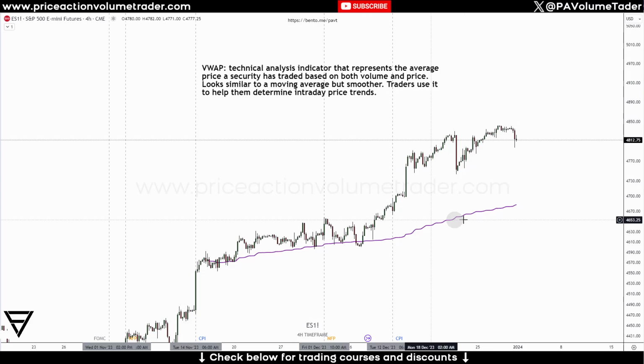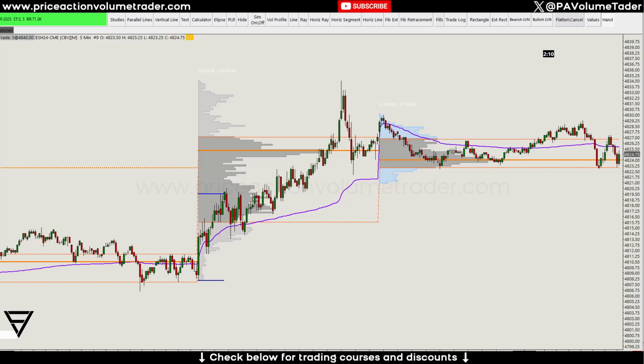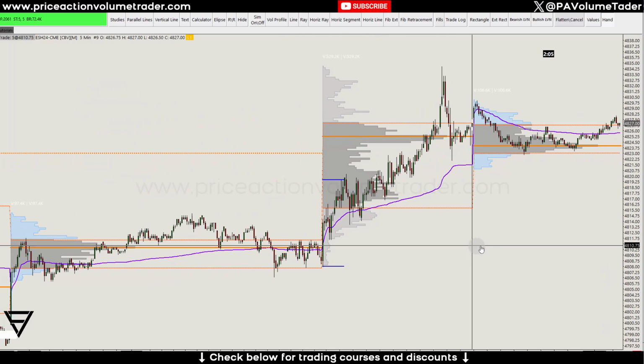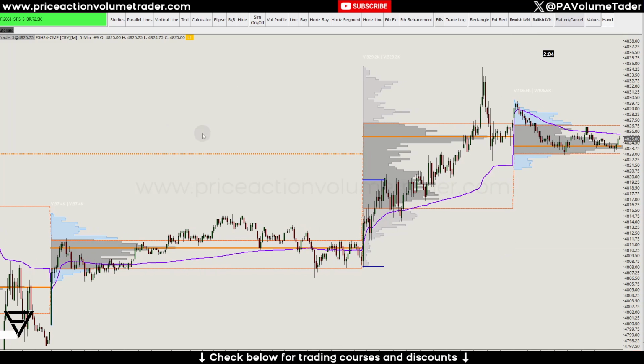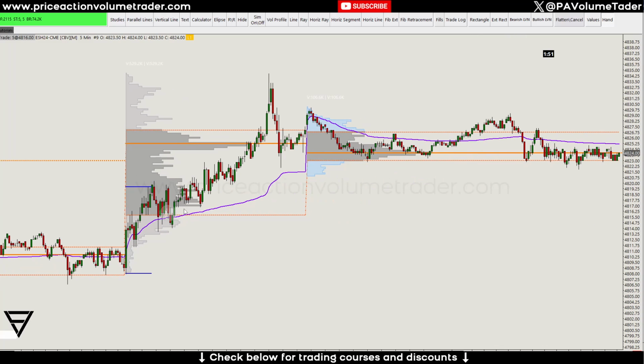Now, in general, people will use a VWAP for their daily sessions. For example, if I bring up my Sierra Chart here, you can see this is the E-mini S&P 500, and I have extended trading hours in blue, regular trading hours in the gray session volume profiles, and this purple line here is the session VWAP.